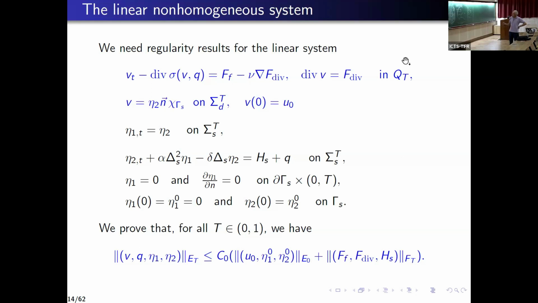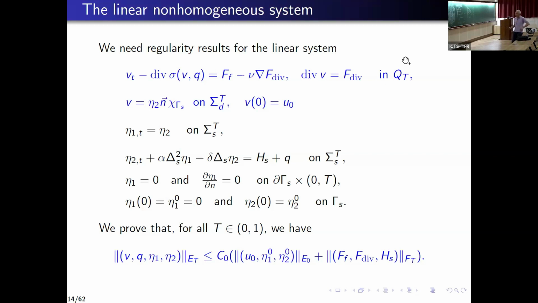Okay, and we need regularity results for now a linear system in which I replace the nonlinear term by a source term here. We need a regularity result of this type.